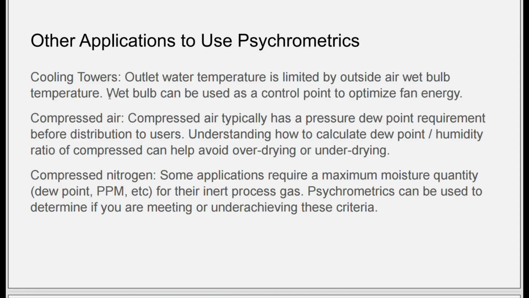That way you're not just running your fan at 100% speed trying to achieve a temperature that's unachievable as a function of your wet bulb outside. So if you look at your wet bulb temperature, you might say, I can never get my water temperature down as cold as I'd like, so I can just slow my fan down and get the same results as if it were running at 100%. So a lot of words there to just say that you can look at wet bulb to optimize fan energy.